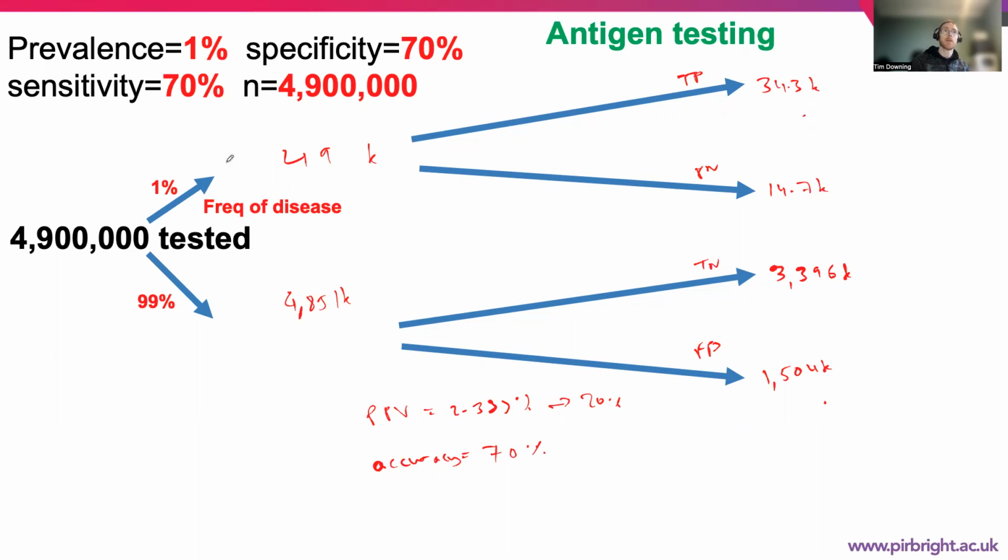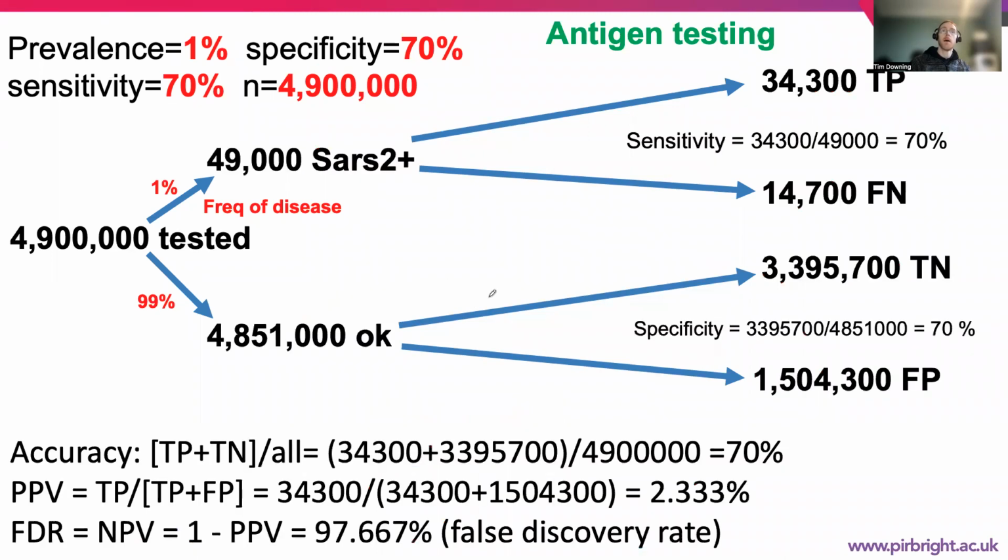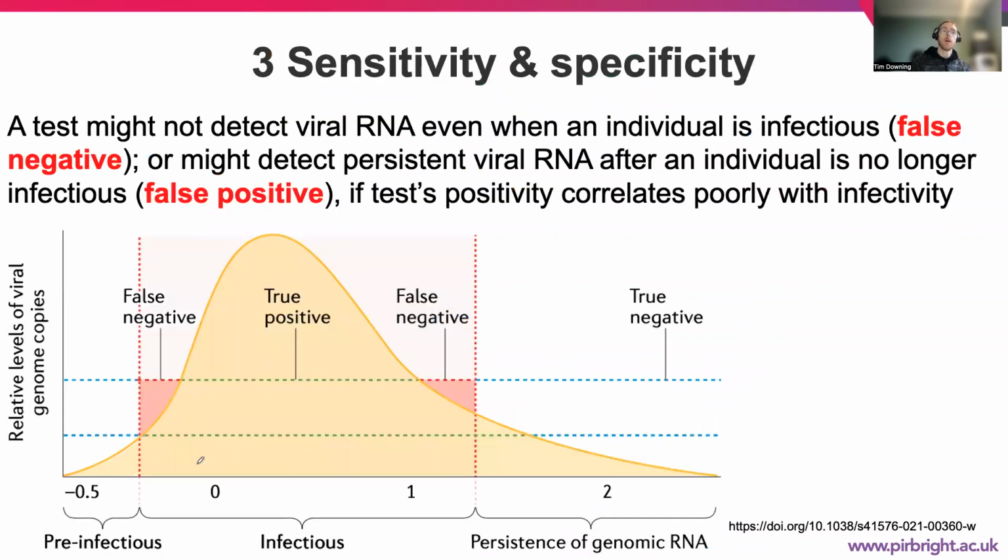And therefore, if we're applying tests more widely, we need them to be highly specific and highly sensitive. And of course, if we're looking at viral testing, it's more complex because we have to consider the time course of viremia over time, from this cartoon graphic, which is obviously not to scale.